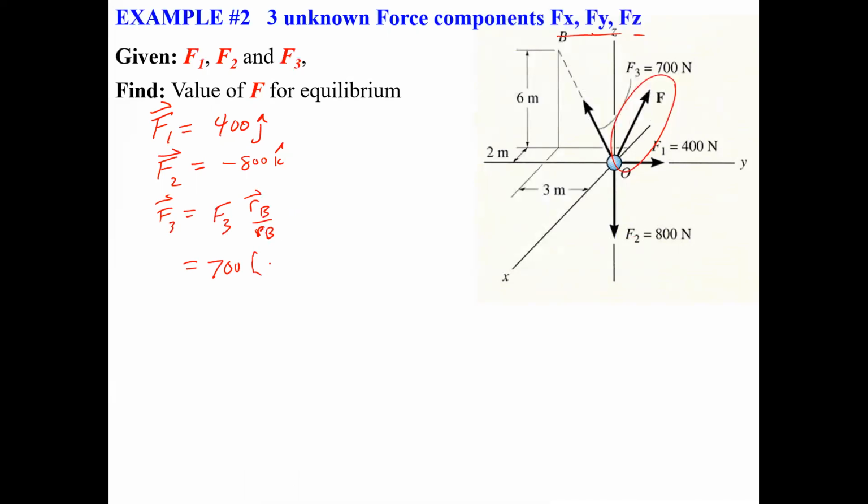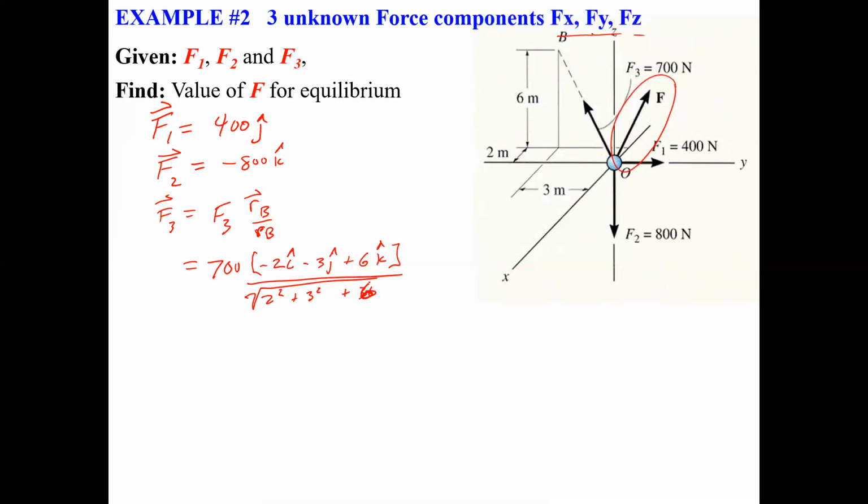So what is the position vector RB? What's the x component of RB? -2i. The y component is -3j, do you see that? And the z component is 6k. And the magnitude of that, I think it's a nice number.